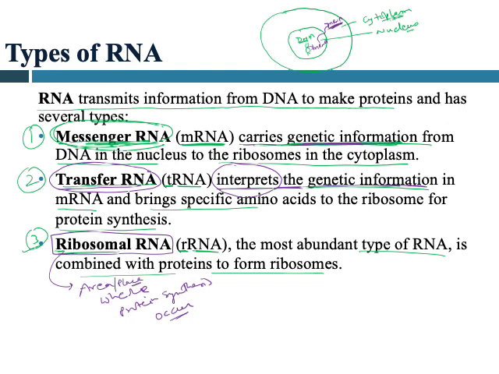So ribosomal RNA is the most abundant type and combines with proteins to form ribosomes. So ribosomes we also call a factory. It acts as a factory where all the information goes inside and the protein is formed, right? It's like a factory where everything is made once you have all the information that you need to make something, in this case proteins, right?